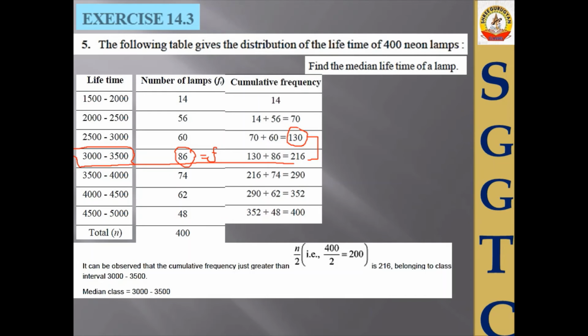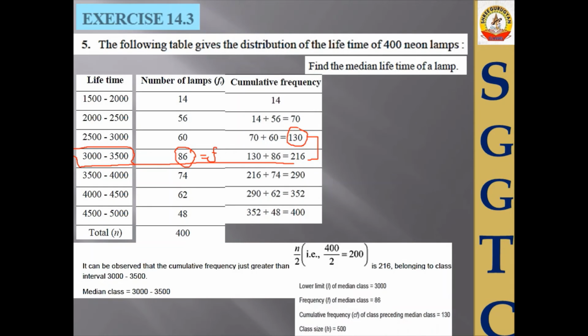Students, this 130 to 216, so surely your median class is 3000 to 3500. Frequency 86, and the cumulative frequency is 130. Students, in the solution you write L as 3000, median class frequency 86, cumulative frequency 130, and class size is 500, because the increment from 1500 to 2000 is 500.